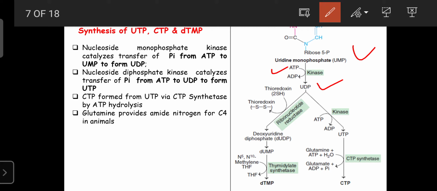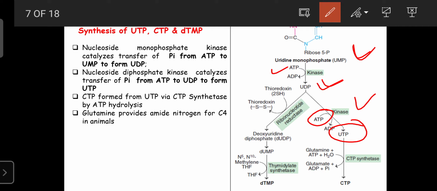Then the ATP loses one phosphate group and becomes ADP. That phosphate group reacts with the uridine monophosphate and it becomes uridine diphosphate. Then in the presence of the same kinase enzyme, it requires another molecule of ATP. Then it converts UDP into UTP, that is uridine triphosphate. That uridine triphosphate is the basic molecule for synthesis of the ribonucleotide.